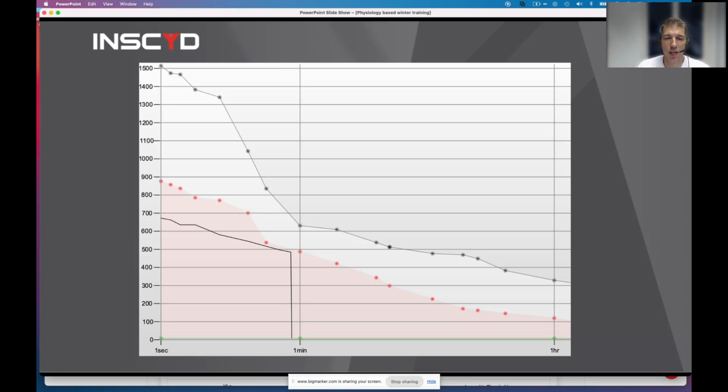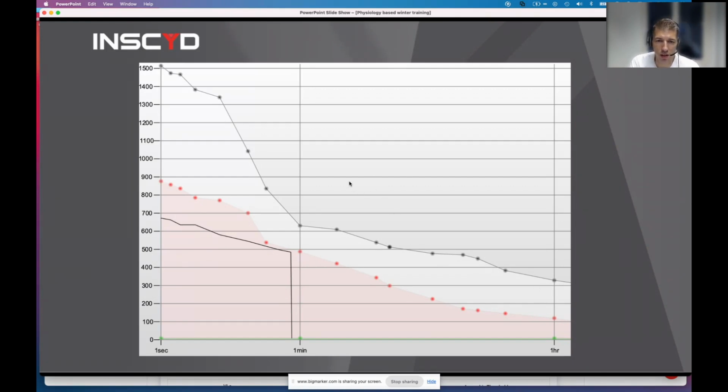What I'm trying to say is that the metabolic changes, the physiological differences that increase the power for 5 seconds, for example, over here, which create this gap, are completely different to the metabolic traits that create the gap over here.